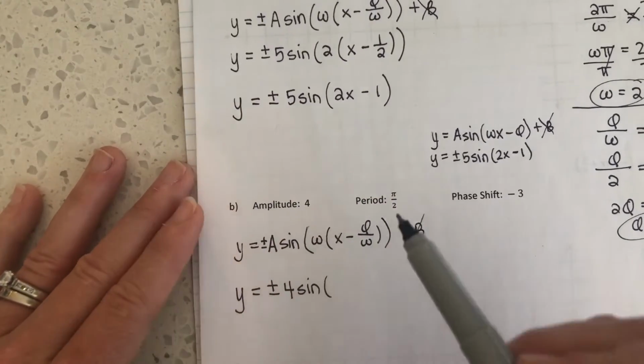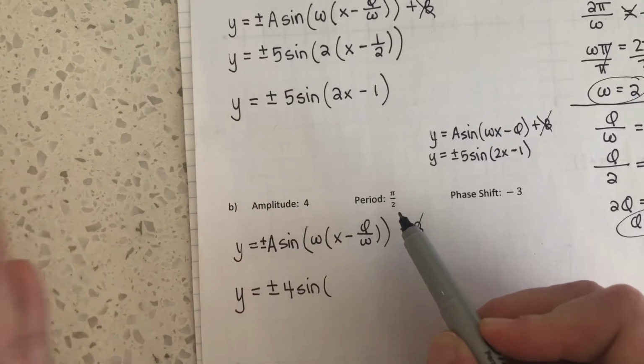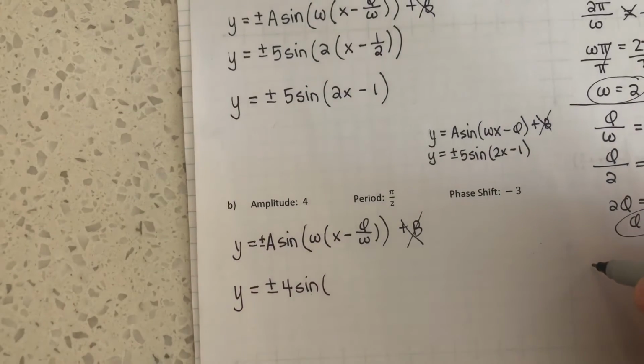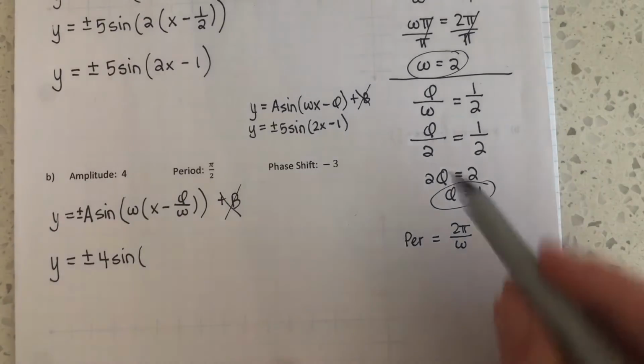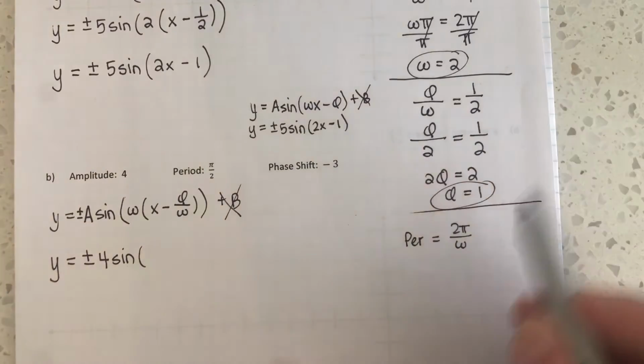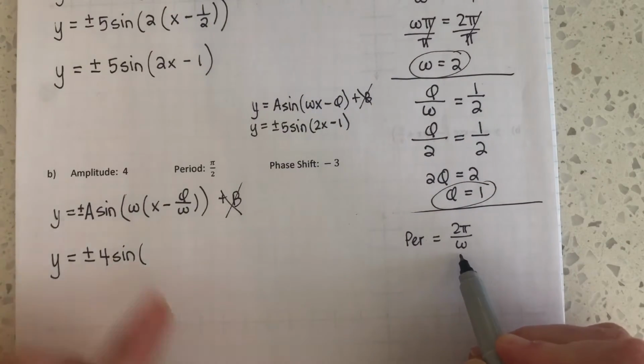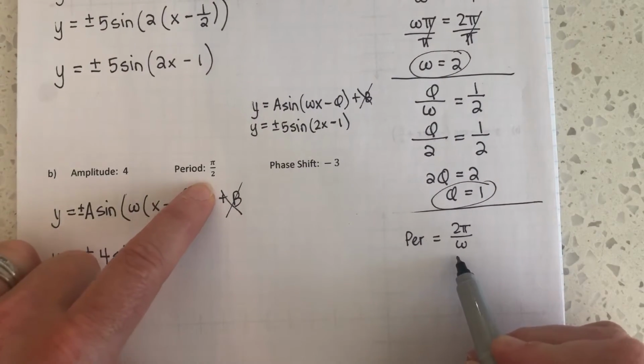Well, remember, in order to have a period of pi over 2, you would have found that by taking your period, which was 2 pi, and dividing it by omega. What did I divide 2 pi by in order to create a new period of pi over 2?